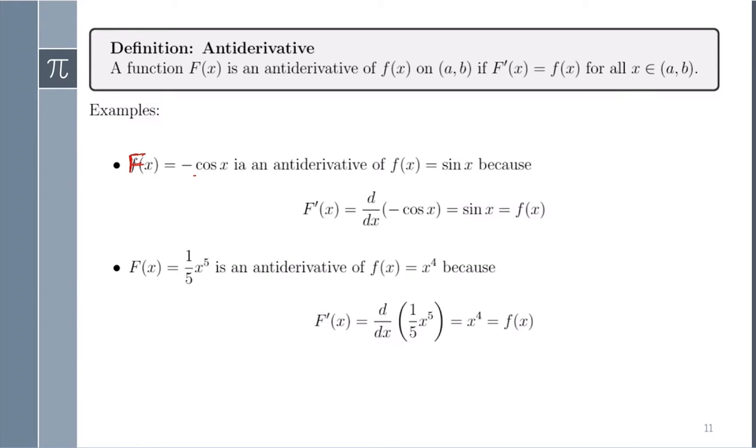Similarly, F of x equals 1/5 x to the fifth is an antiderivative of f of x equals x to the fourth because the derivative of this function equals x to the fourth. Okay, so antiderivative means just the opposite of derivative. So when you're finding an antiderivative, we just have to go in a backward process, or in the reverse order.